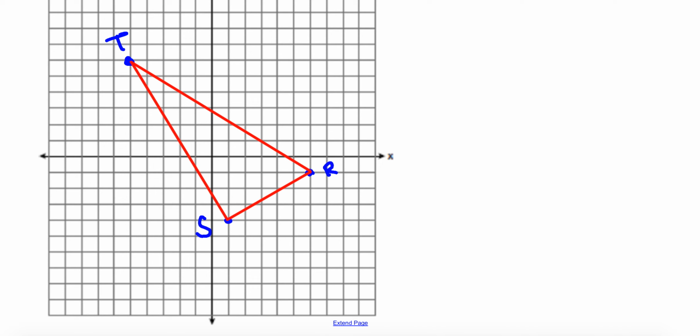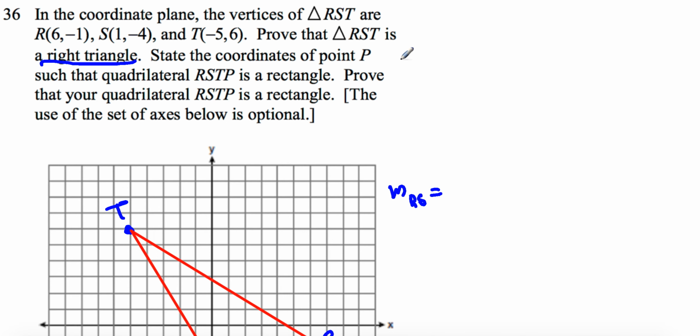Then what I like to do is calculate the slope of RS and then calculate the slope of TS, and then hopefully they will be negative reciprocals. What is the slope of RS? The change of y, which is negative 4 minus negative 1, divided by 1 minus 6, which becomes negative 3 over negative 5, which is 3 over 5.